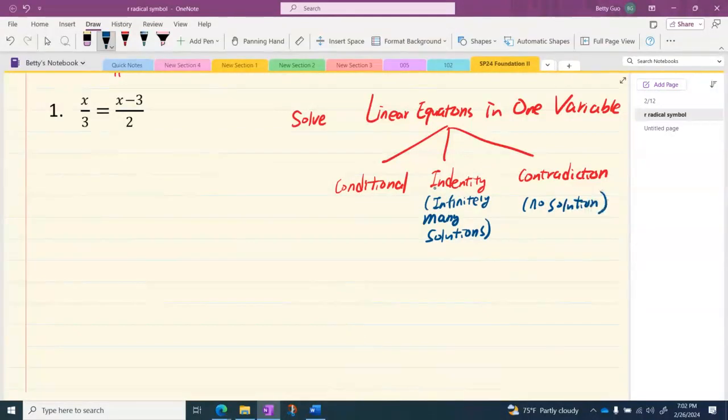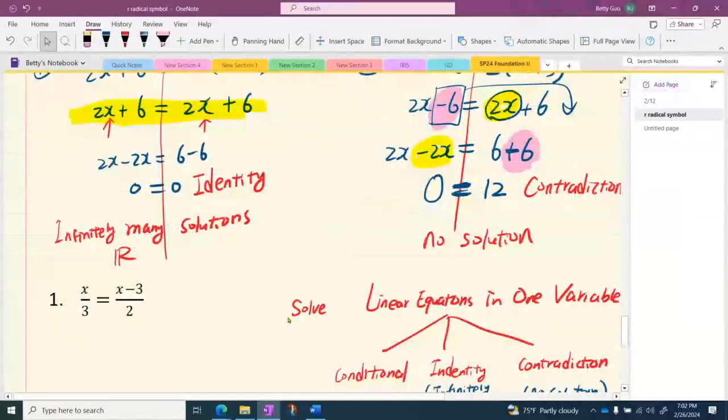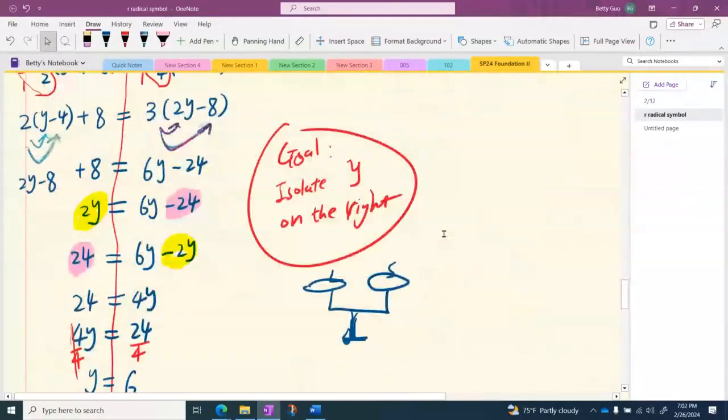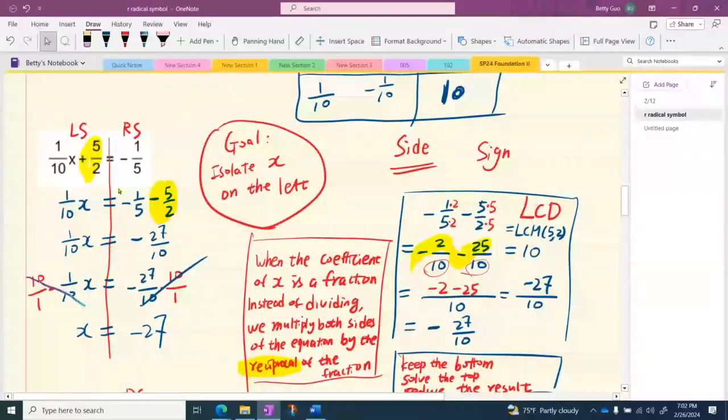Technically, contradiction has a finite number of solutions, but in our case, it only has one solution. Okay? Again, linear equations in one variable has 3 different types: identity, contradiction, and conditional. The questions we have been practicing before those 2 questions, they are conditional. Yeah, let's see. This equation is conditional because it has one solution, a unique solution, right?